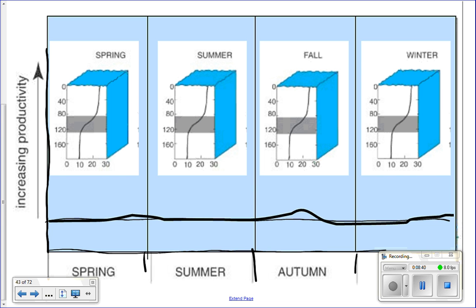There's no large increase in population size, and the populations of phytoplankton remain low year-round. So it'll look something like this. See that? Spring, summer, fall, winter, straight line, population size. That's the tropics. No bloom of phytoplankton in the tropics.